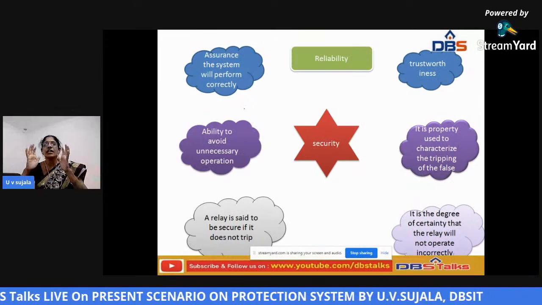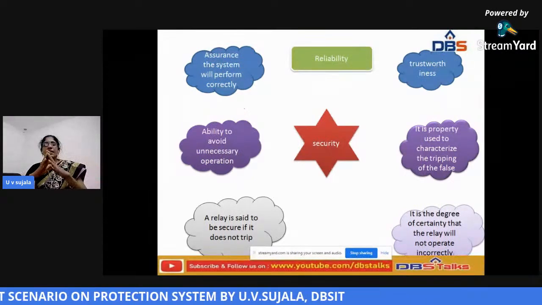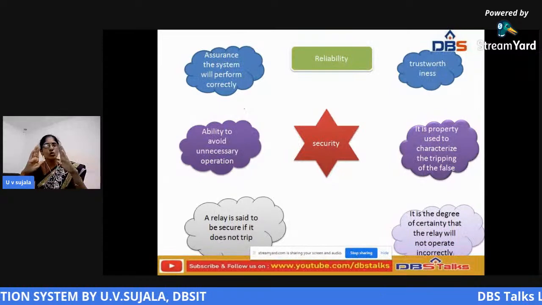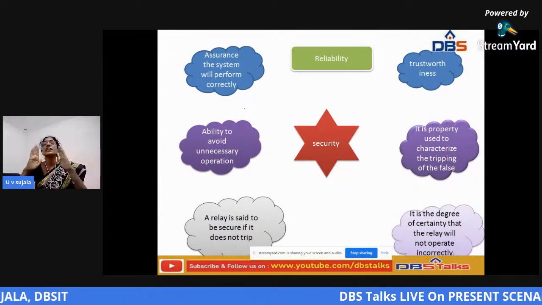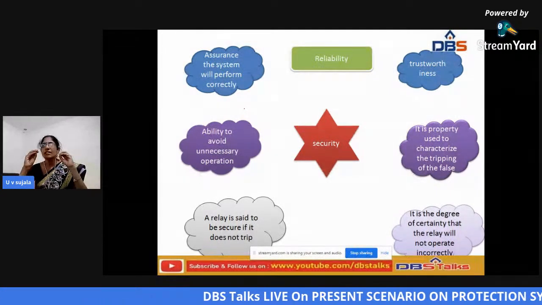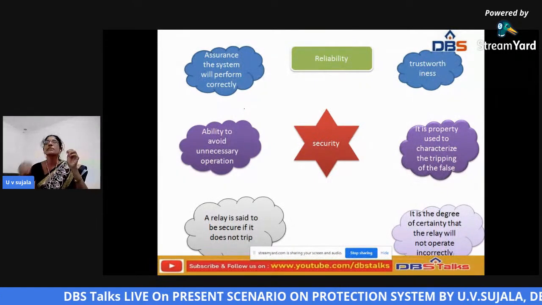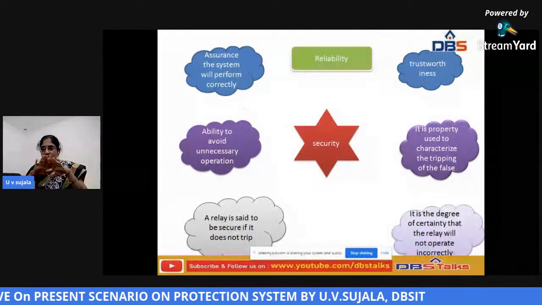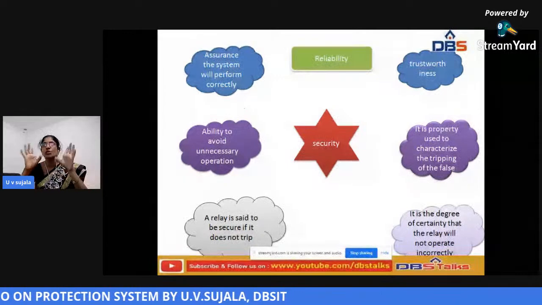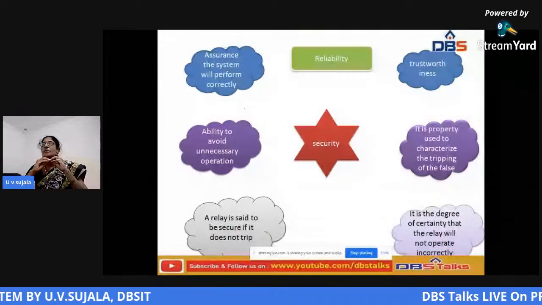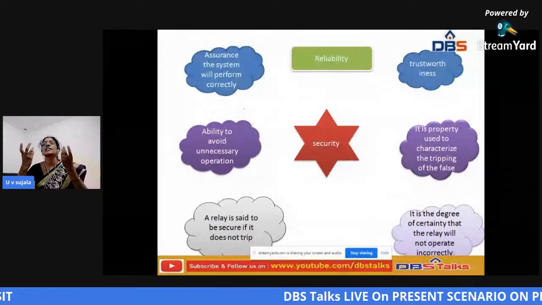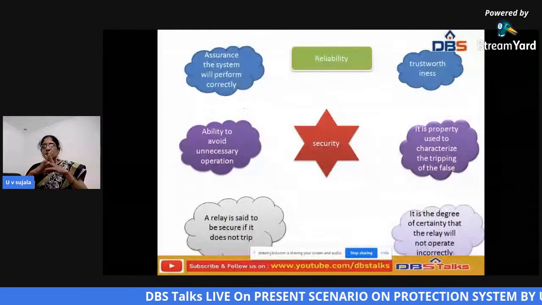So whatever relay is placed, it has to be secure. It should not trip unless it is wanted to trip; only then will it trip. Otherwise it does not. If the relay operates incorrectly, the equipment will be damaged.